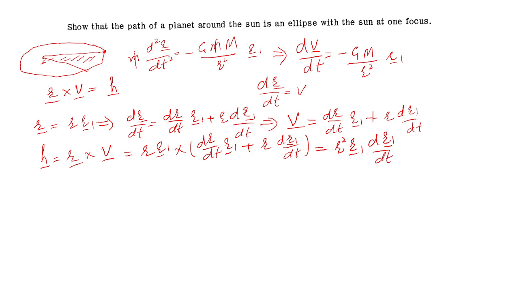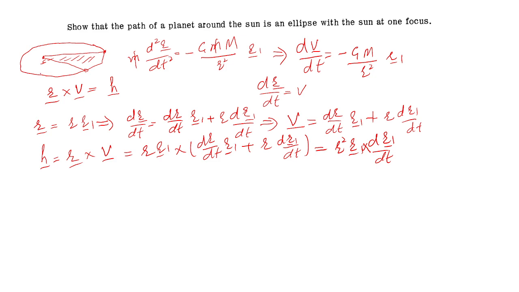So I am left only with this term multiplied with this, but the cross product is there. We have a cross product over here. This is r cross v. The value is here.